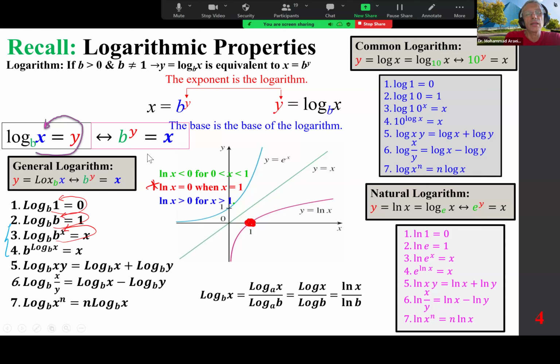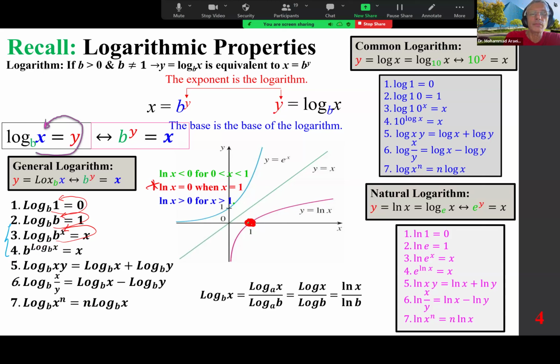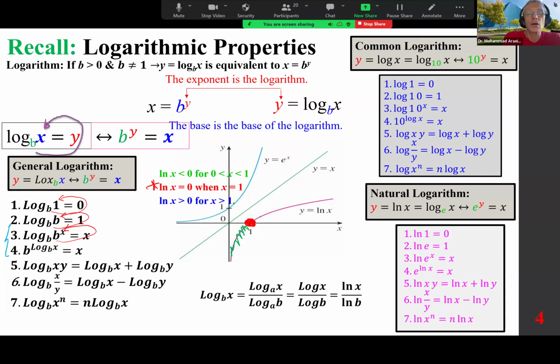When x is between 0 and 1, we get this part which is below the x-axis. And when it's larger than 1, we get this part which is above the x-axis. That's what it's explaining here.